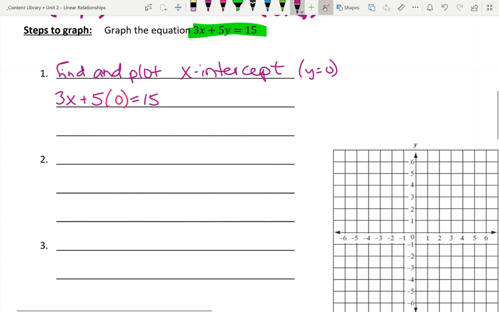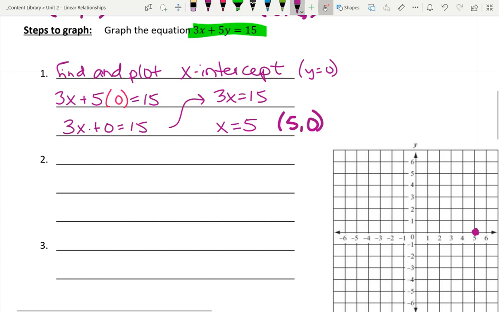So this is really 3x plus 0 is equal to 15, which adding 0 doesn't do anything, so that's like 3x is equal to 15, or x is equal to, well, 3 times 5 would give us 15. So we get the coordinate point 5, 0. So we found the coordinate point, now we're going to plot it right on the axis, 5, 0.